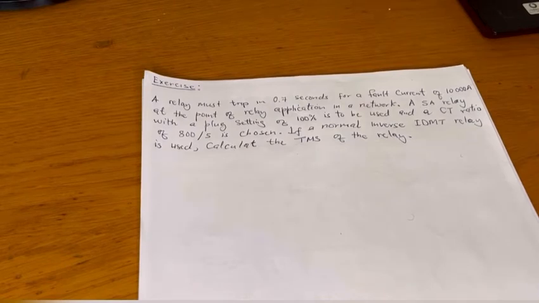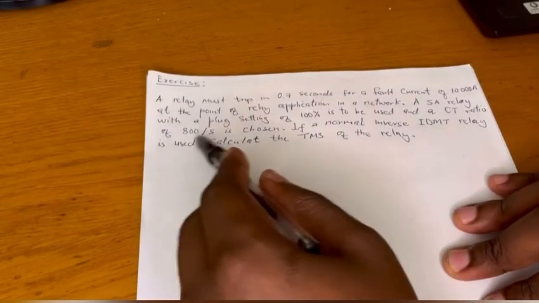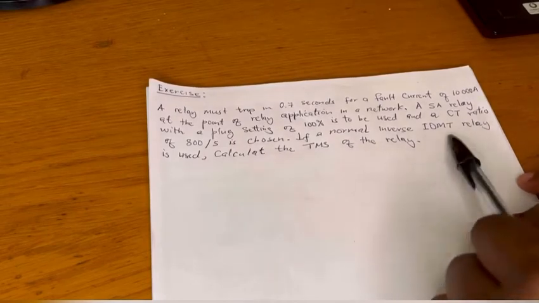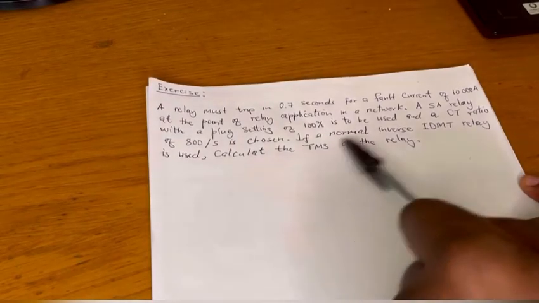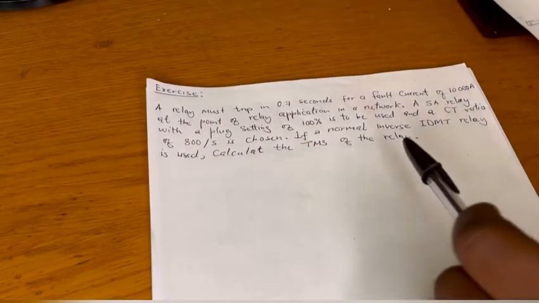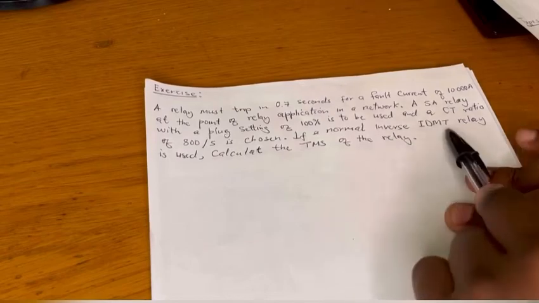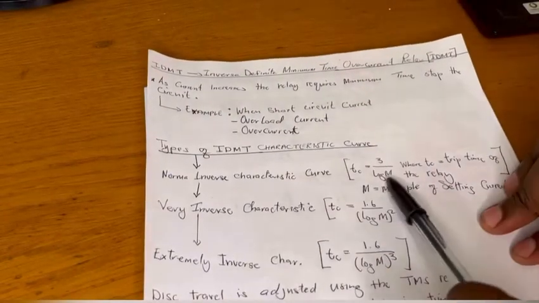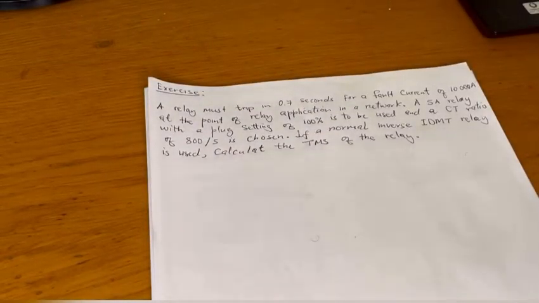A 5 amp relay with a plug setting of 100% is to be used, and a CT ratio of 800:5 is chosen. A normal inverse IDMT relay is used. So we already know which IDMT it is, normal inverse, meaning we will need this formula for the tripping time.